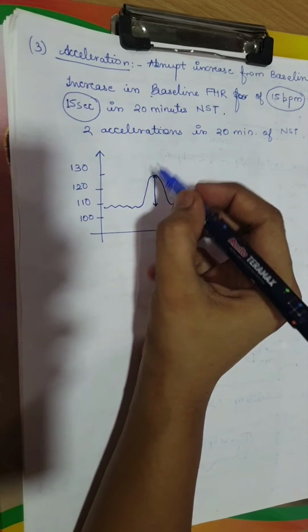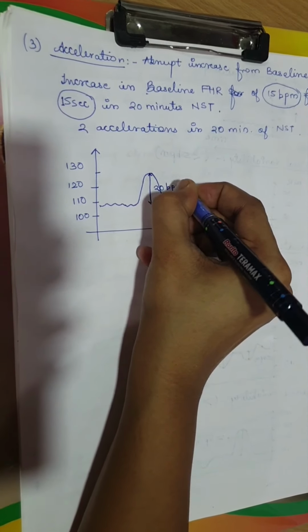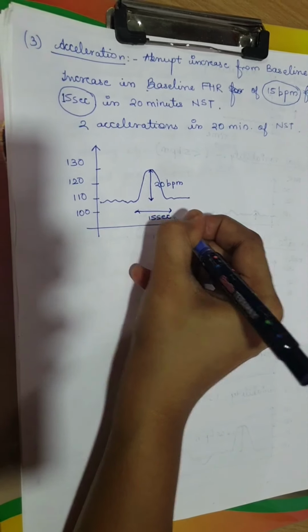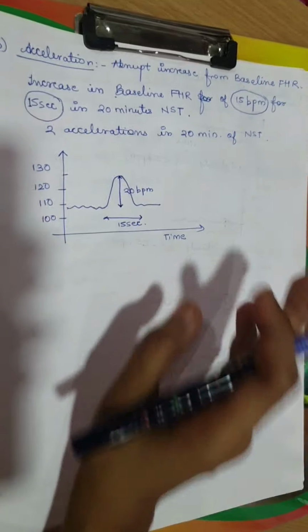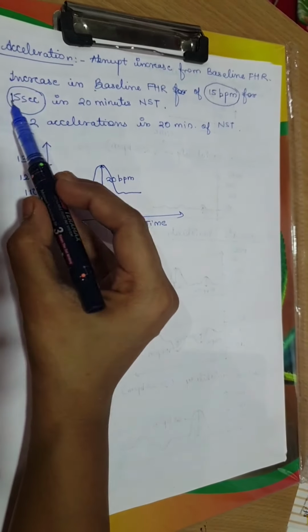So here we see an acceleration of around 20 beats per minute, and this should last for at least 15 seconds. And in 20 minutes of NST we should get at least 2 accelerations. So the minimum is 15 beats per minute and it should last for 15 seconds.